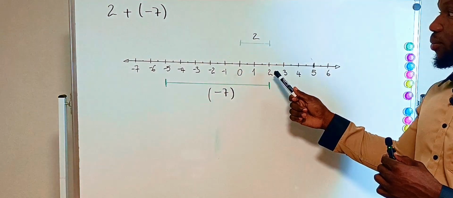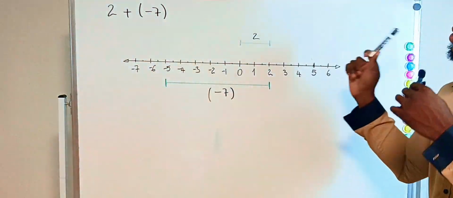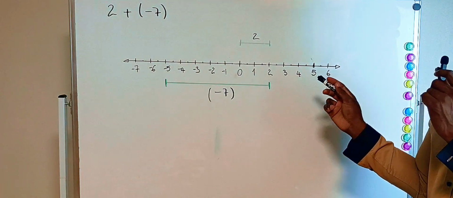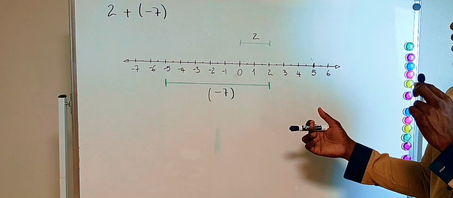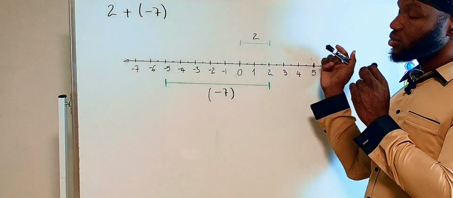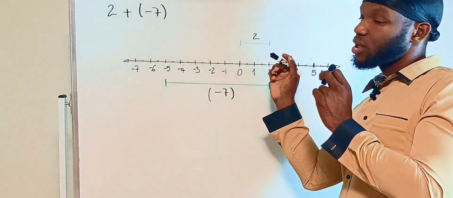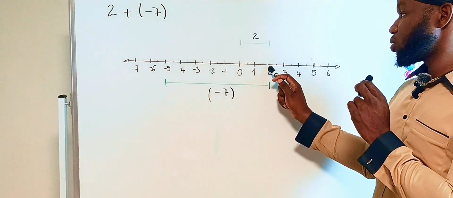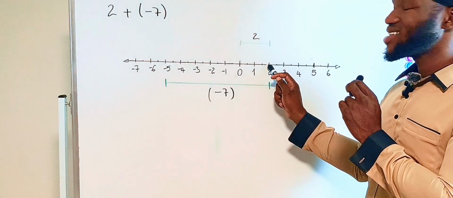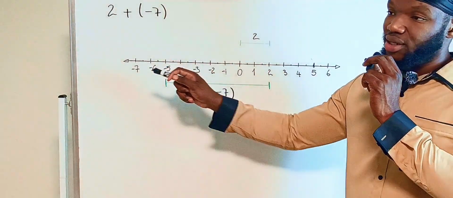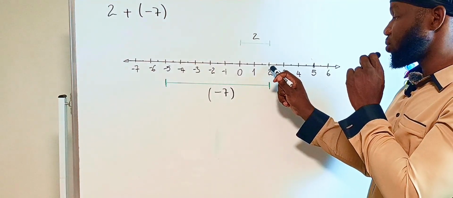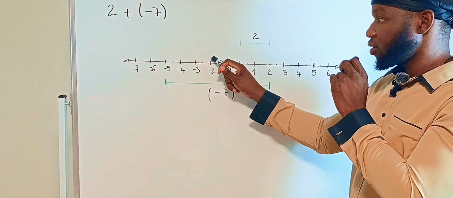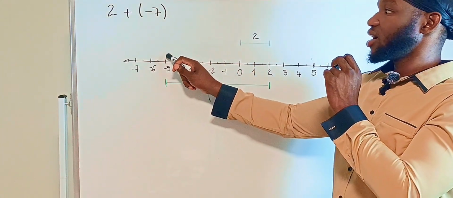Plus -7. That means the negative sign just tells us that we gotta keep adding units, but to the other side. From 2 we gotta add 7 units, but toward the negative side: 1, 2, 3, 4, 5, 6, and 7.